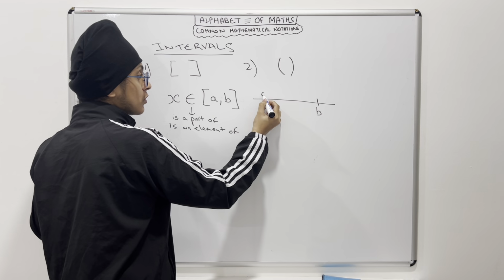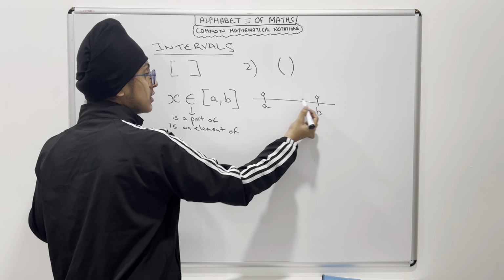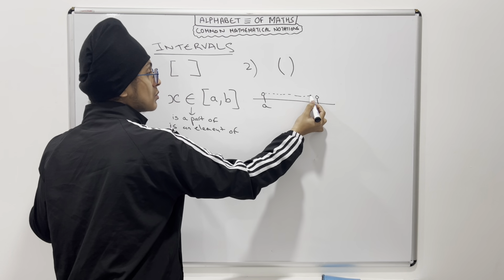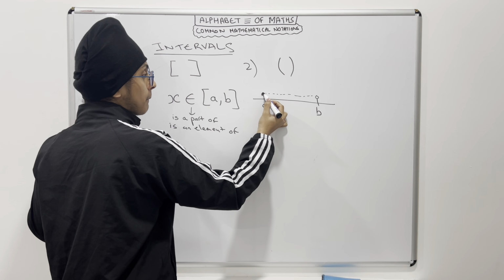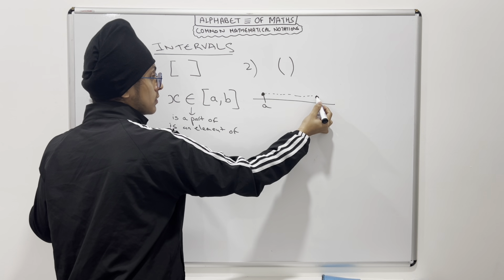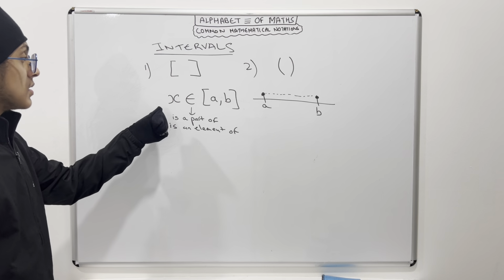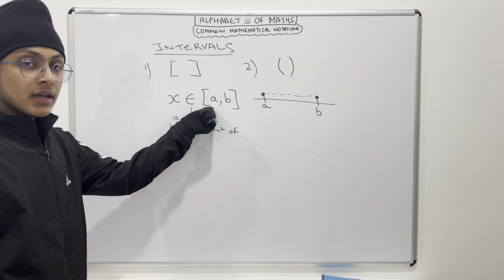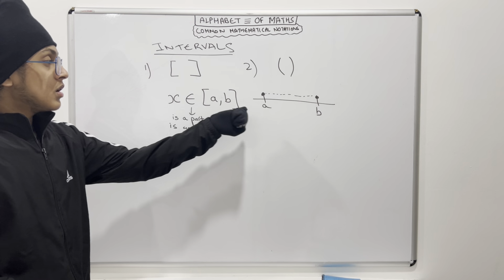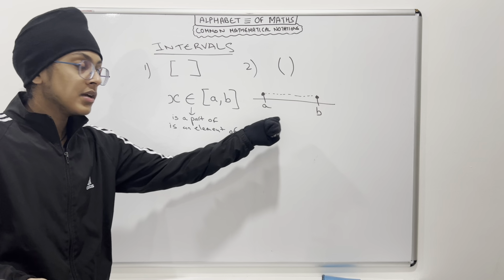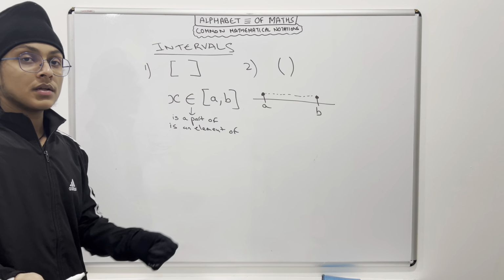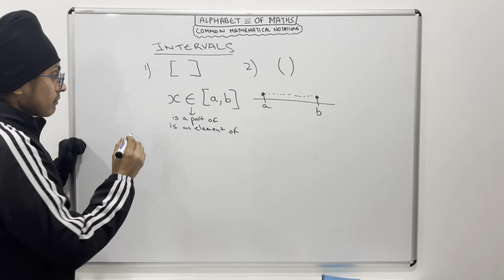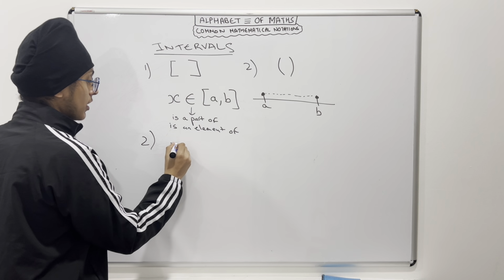And both of these are included in the possible values of x. This means that x can be a, it can be any value above a, below b, or x can be b, and nothing else.